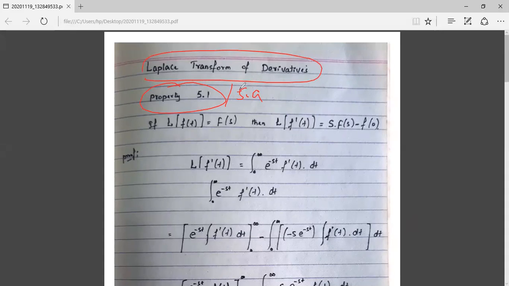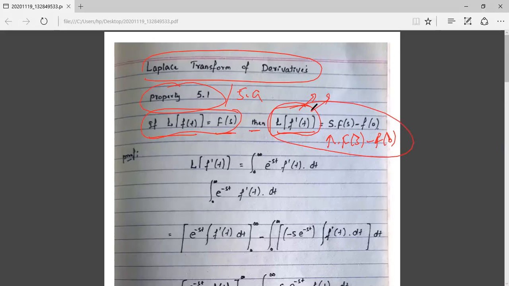The statement is, if Laplace transformation of f of t is equal to F of s, this is common for all properties, then Laplace transformation of f dash of t, that is the derivative of f of t, is equal to s into F of s minus f of 0. Okay, so we have to do this using this.